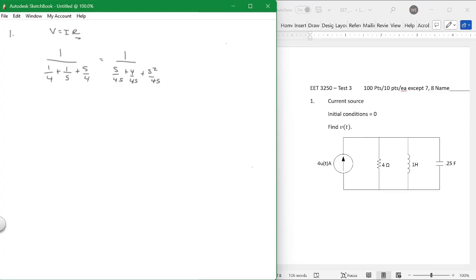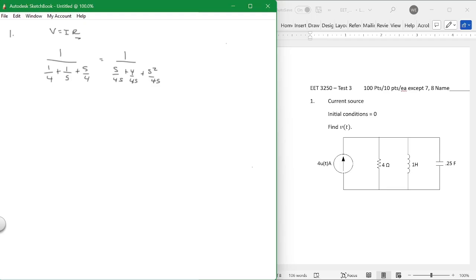Okay, that gives you step one. Now the denominator becomes the numerator.